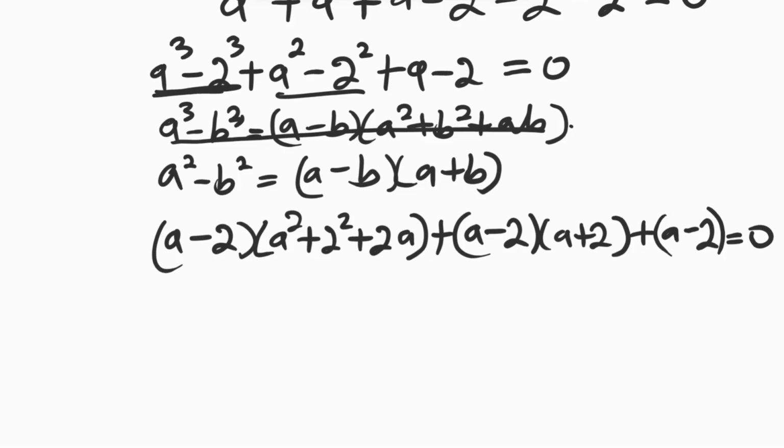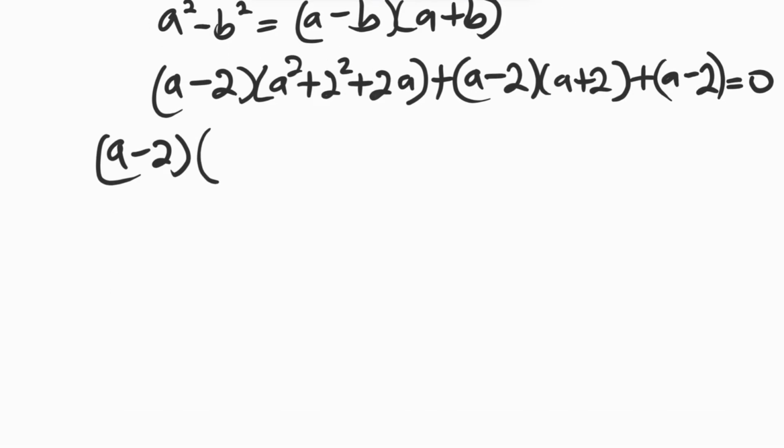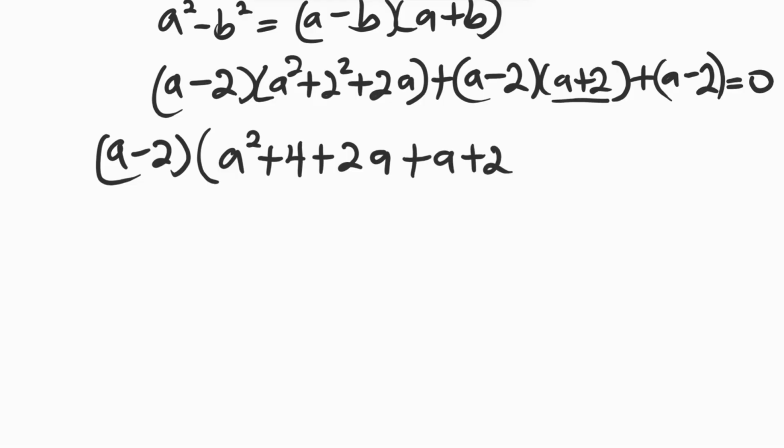Now we see that a minus 2 is a like term, so we can collect a minus 2. If we collect a minus 2, we have a squared plus 2 squared, which is 4, plus 2a, then plus a plus 2. And because we've collected this as a like term, that's 1.